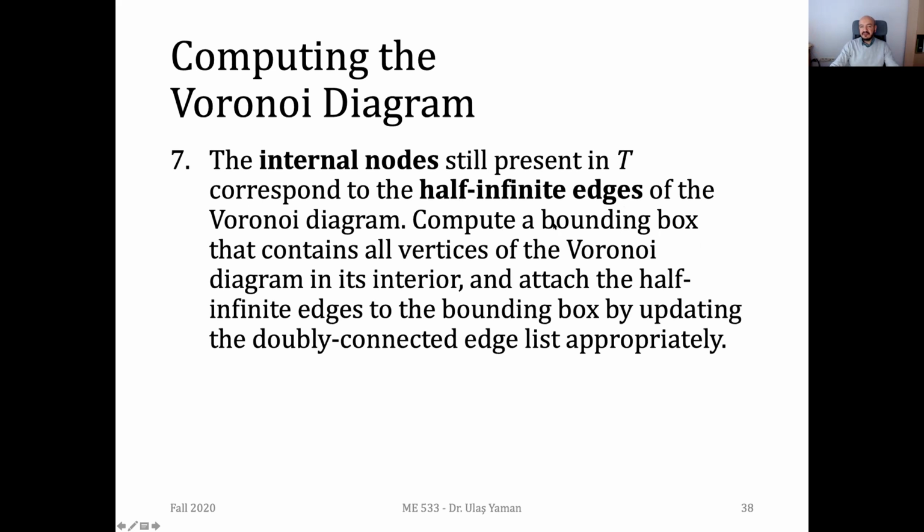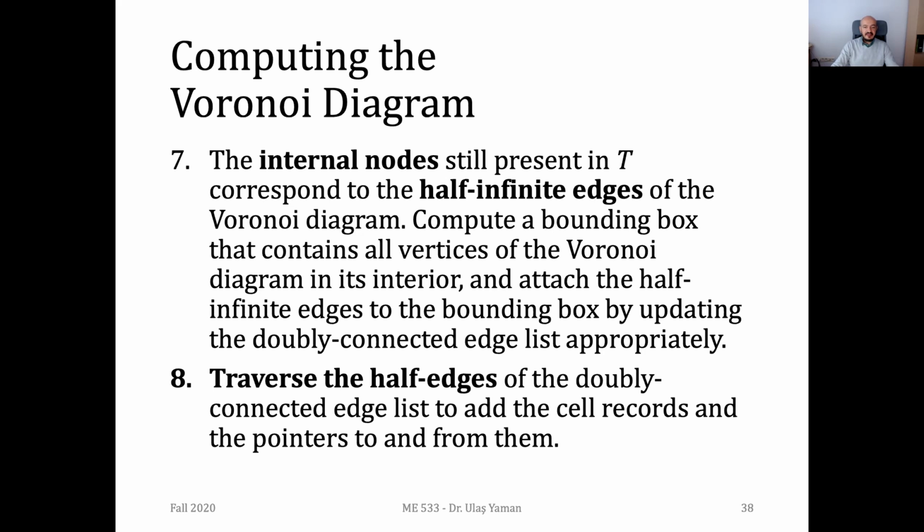So depending on the size of your bounding box, you need to cut these edges and try to make them finite. And lastly, since we are using a doubly connected edge list, we need to traverse the half edges so that this special data structure is fully correct, and you can later output it as the Voronoi diagram of your algorithm.